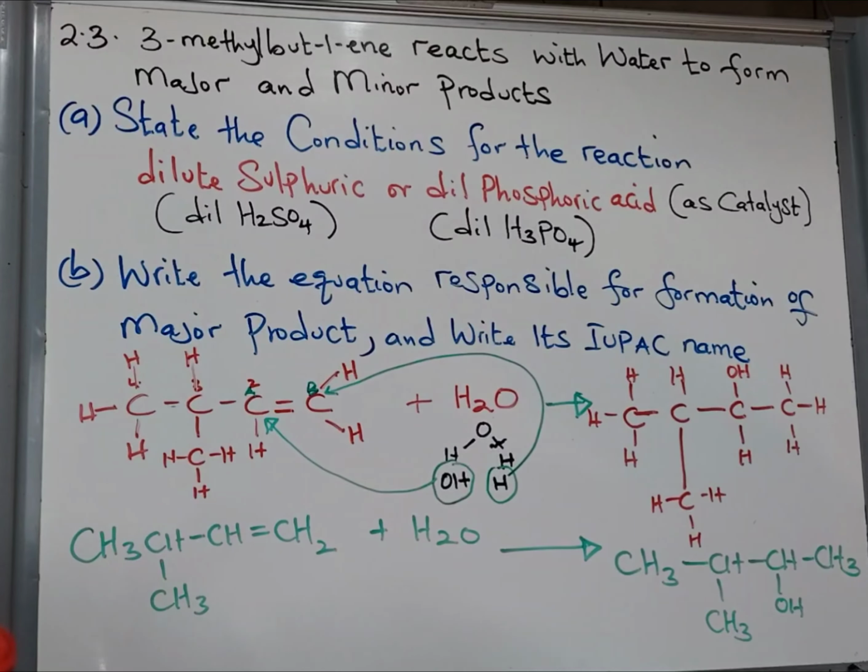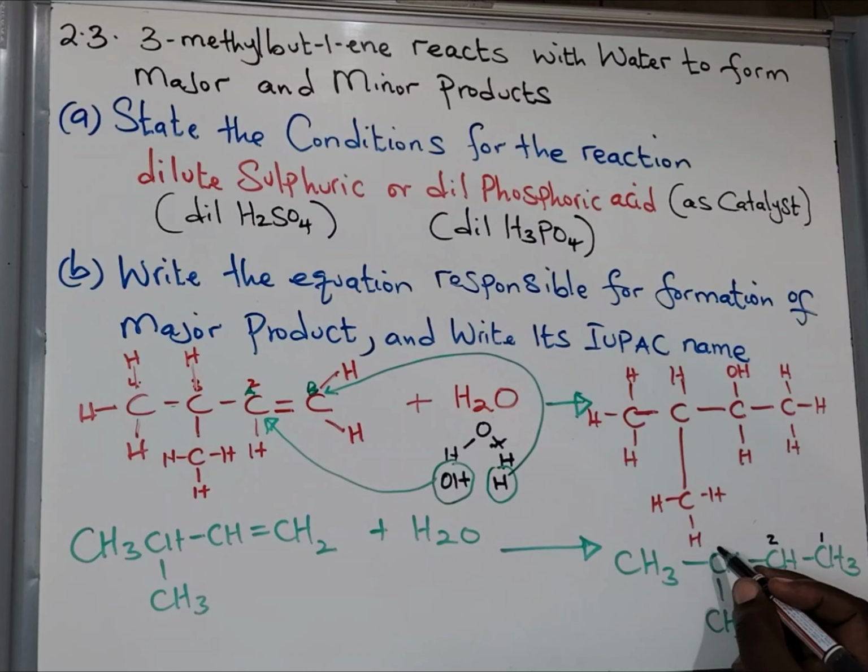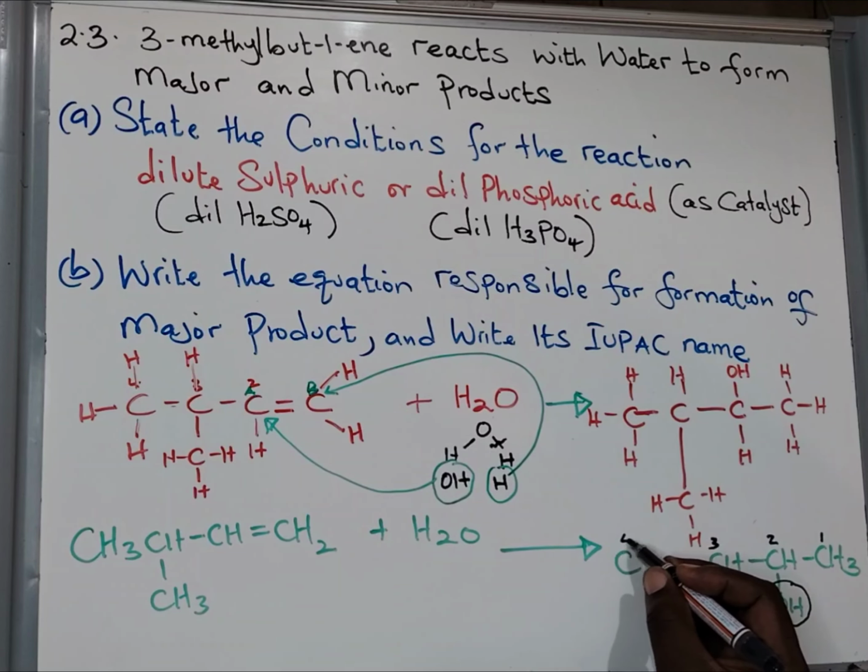Yeah, there we are. Then what is the IUPAC name of this product? So to get the IUPAC name, you follow our rules. OH is the functional group, not the methyl group. It's OH. And OH has the powers. It has to be given the smallest number. What does that mean? That you have 1, you have 2, you have 3, you have 4.